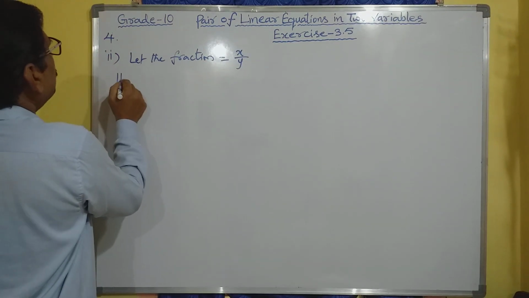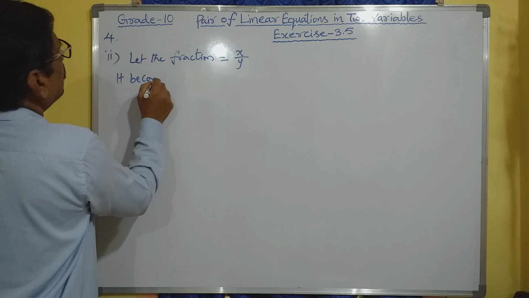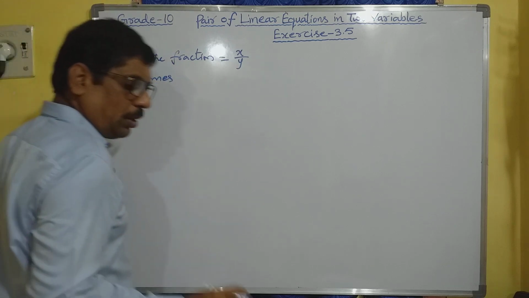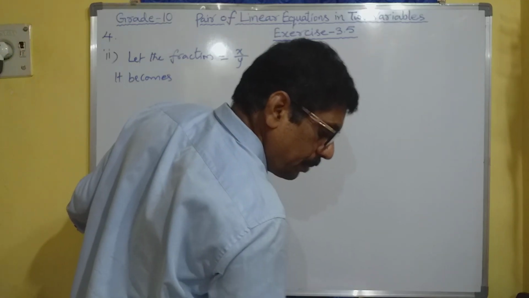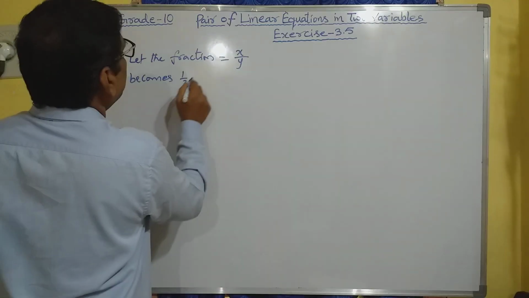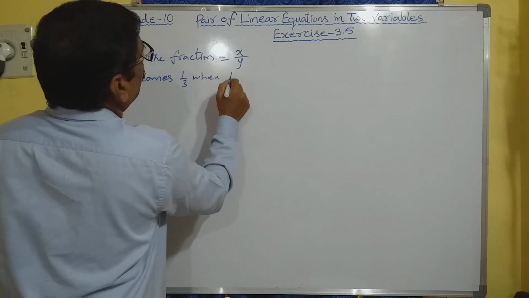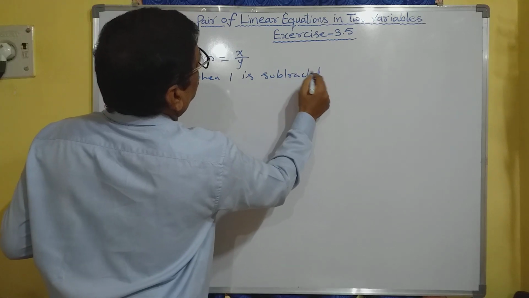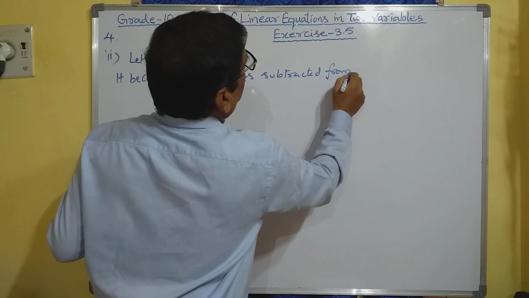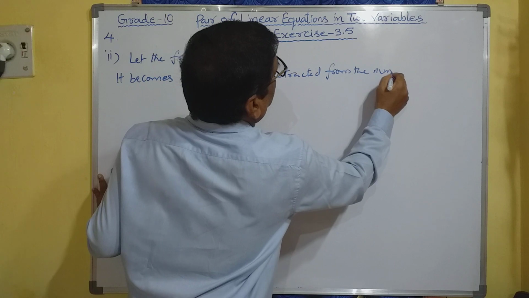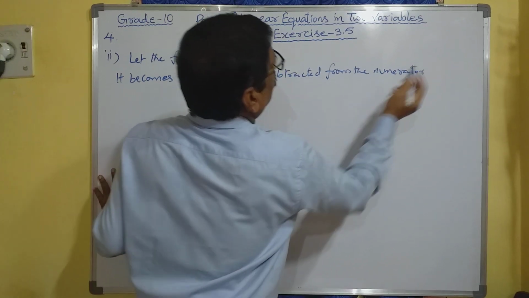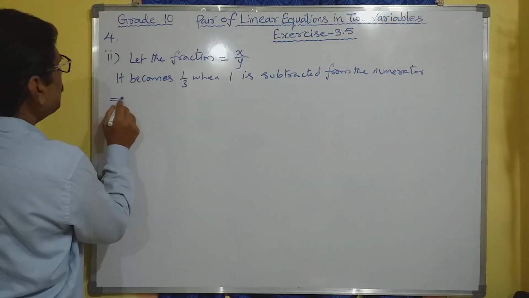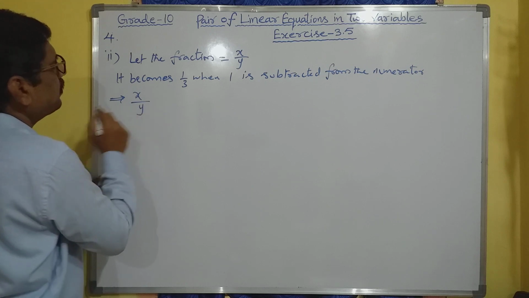It becomes 1 by 3 when 1 is subtracted from the numerator. So the actual fraction is x by y.